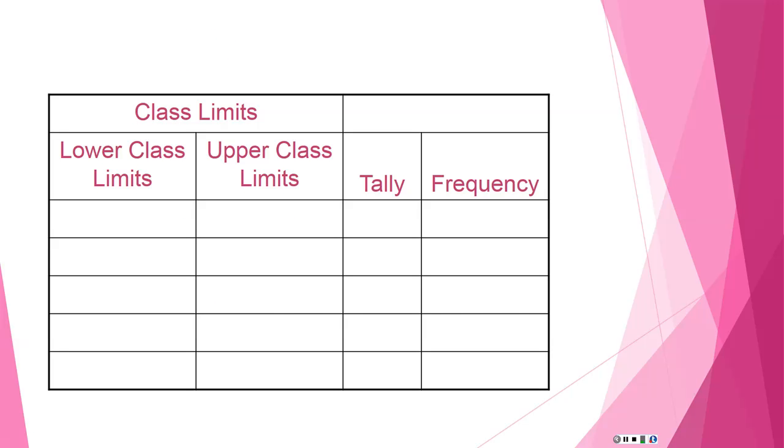So, you build class limits, beginning with the minimum data value, which was 67, and you add 12, and get 79.